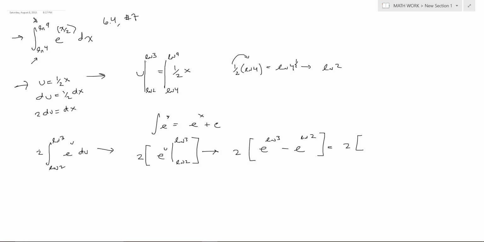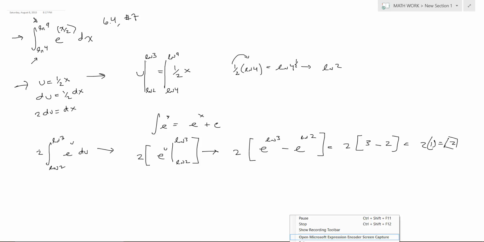And then we know by logarithmic properties that we have a base right here of e, so we can just drop it, simply 3 minus 2, or 2 times 1, equals 2. And that's your answer. That's your answer, right? Okay, let's maybe try one more, and I'll cut this video short and work on some other methods.